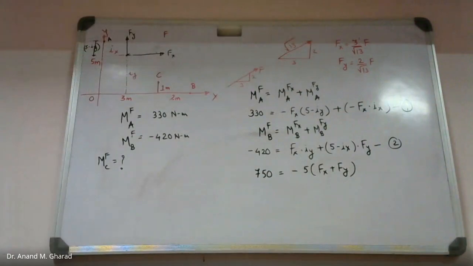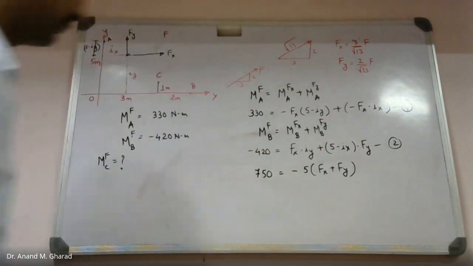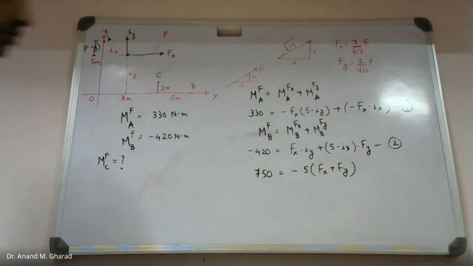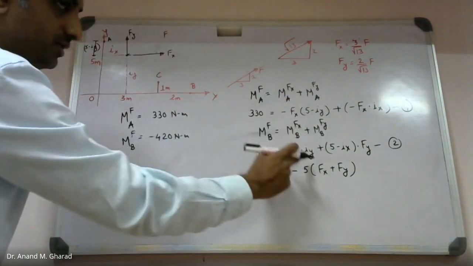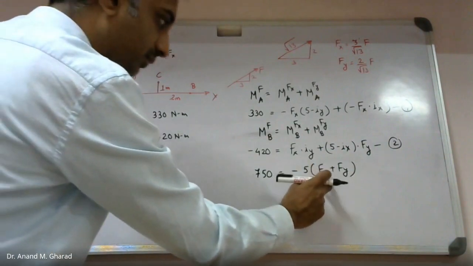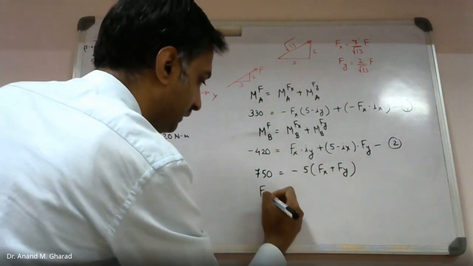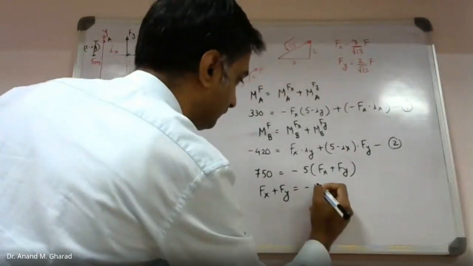Please check this. Right? 750 will come, 330, 420. So you will get ultimately this equation. From this, you will get Fx plus Fy equal to minus 150.